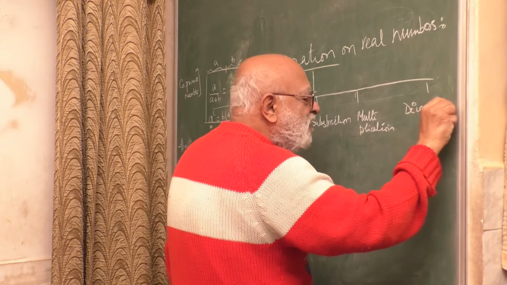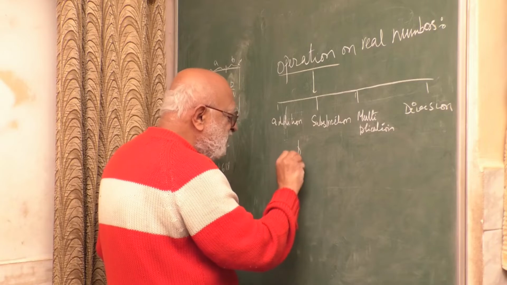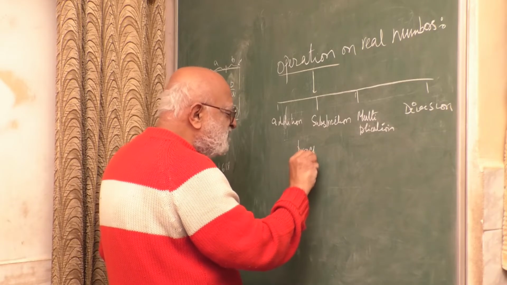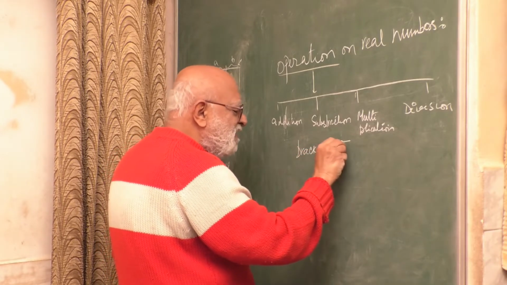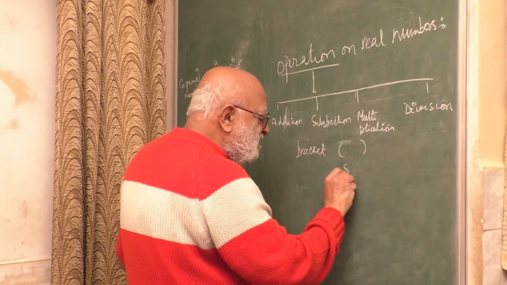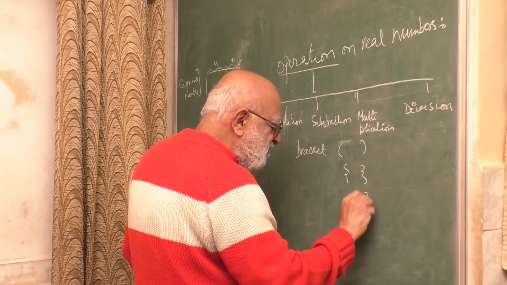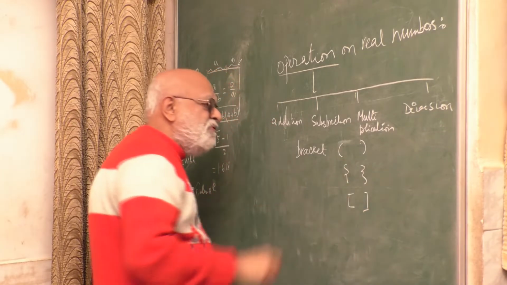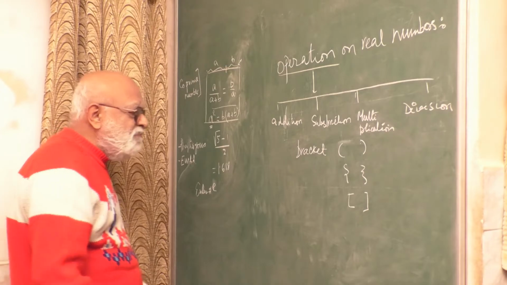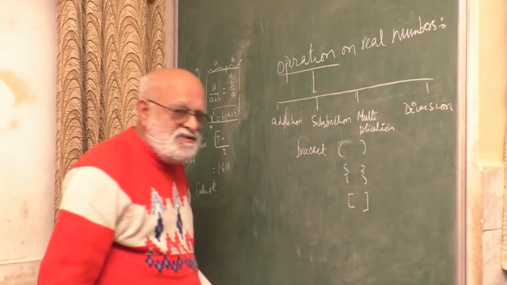Okay, there is a minor other one that is called brackets. There is another one called brackets, and this will be the first bracket, this is the second bracket, and this is the third bracket. Okay, these are also mathematical operations, but the major mathematical operations are these.